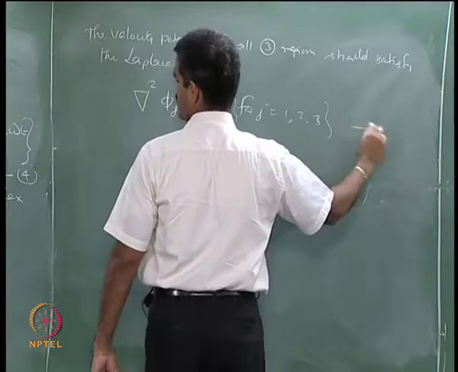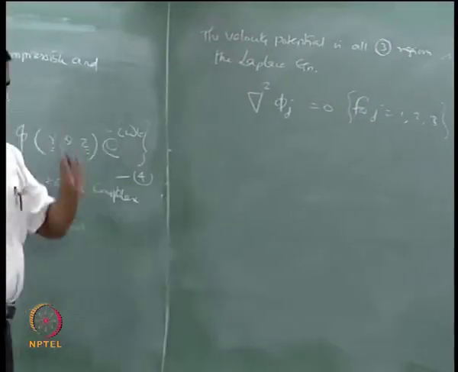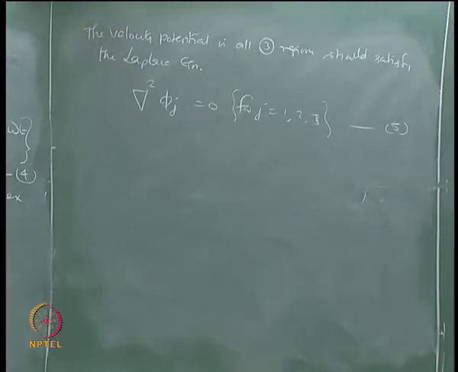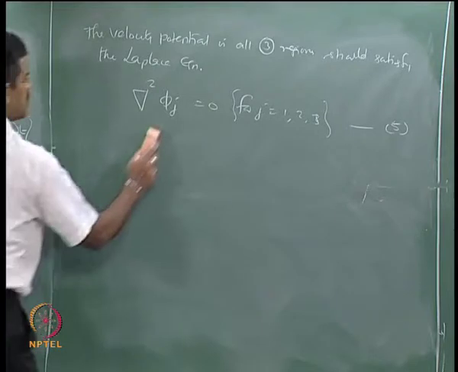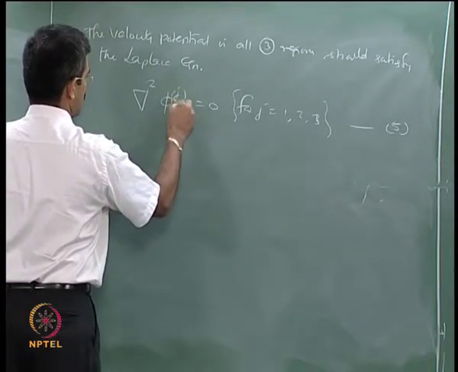Call this equation number 5. Okay, we will do one thing, we will use a different notation, we will say del square phi j.